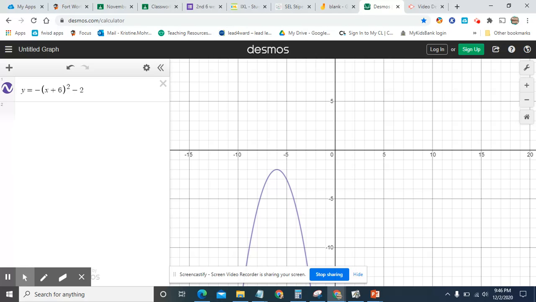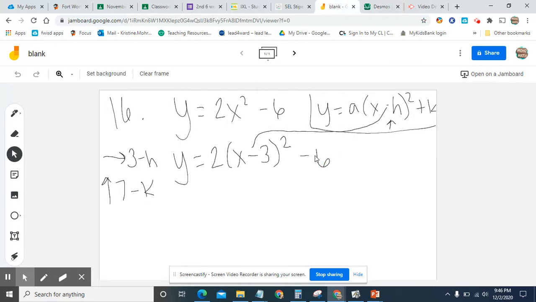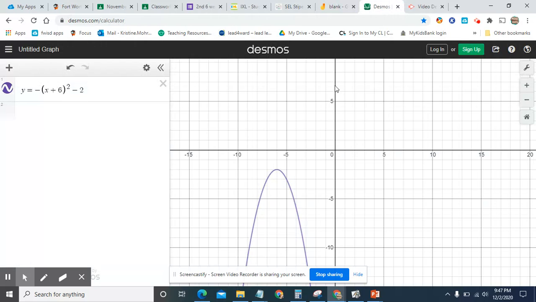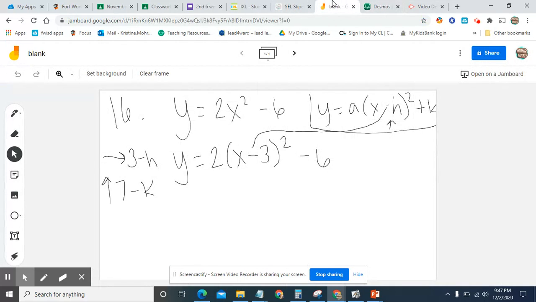Now we had negative 6, so we're going to keep that there, but we also now want to shift up 7. So we had negative 6, that just stayed, and we're shifting up 7 spaces. Moving up is a positive thing. So when we rewrite this, we're going to say plus 7.